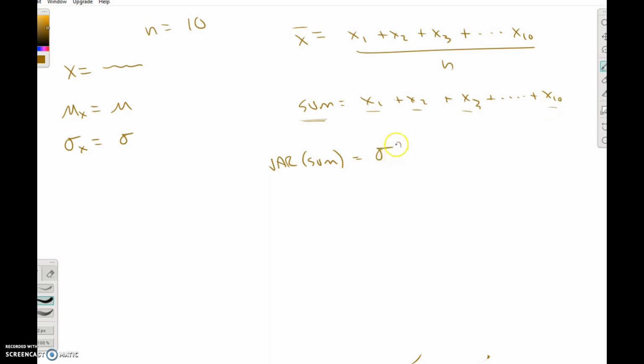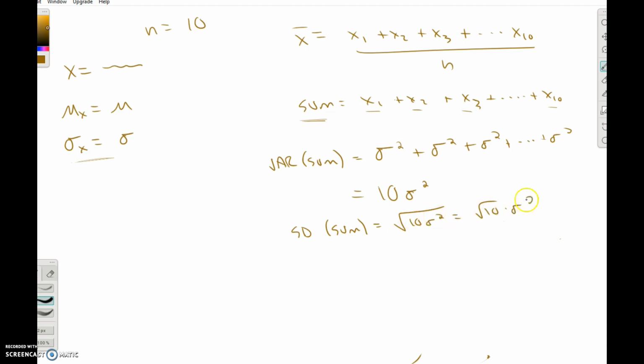So that'd be sigma squared plus sigma squared plus, they're all the same random variable, so they're all going to be sigma squared, right? And there's going to be 10 of them, so this is simply going to be 10 times sigma squared. Then if I want the standard deviation of the sum, I would simply square root it, which is going to give me the square root of 10 times sigma squared, okay?